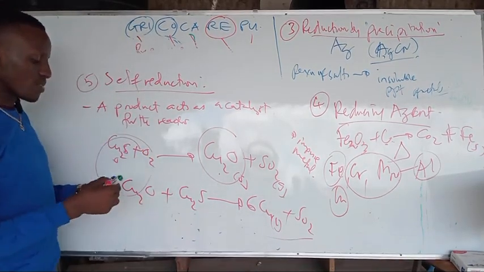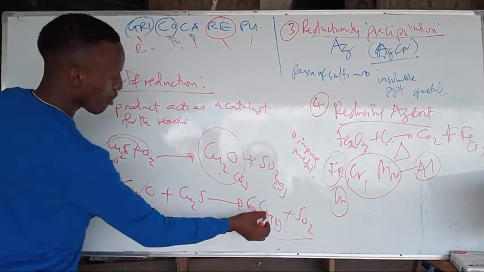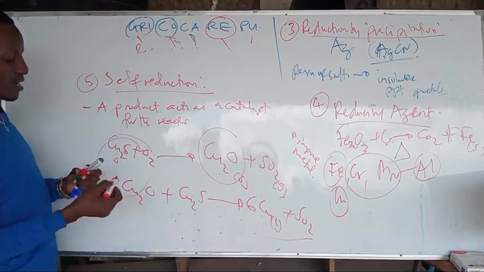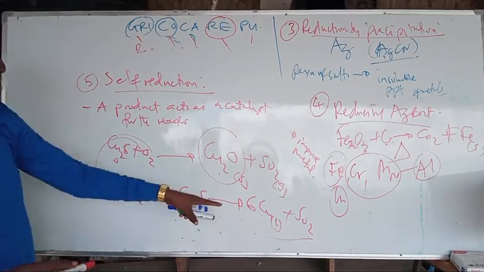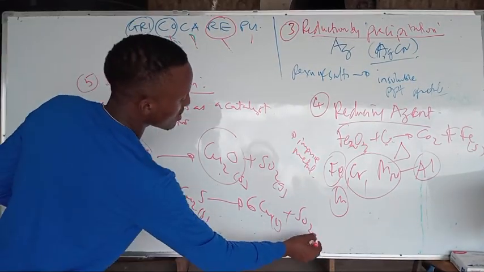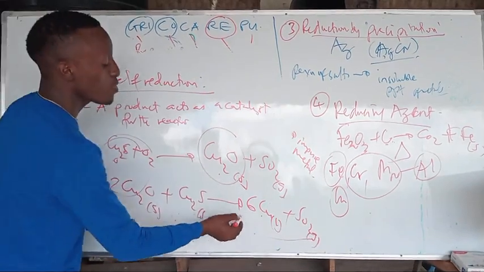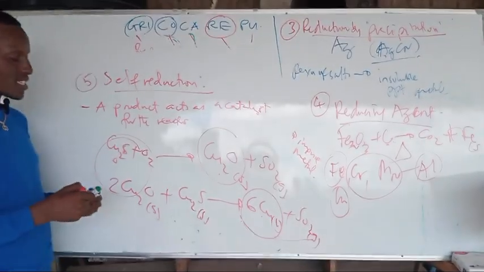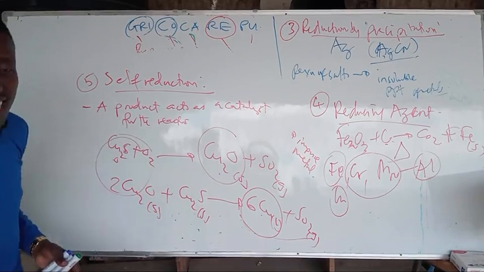We can balance this for copper and sulfur, so I balance here by 2: 2, 2, 2, 6. The solid is copper, and the gas, sulfur dioxide, is emitted. So we have the impure copper, which we call blister copper. This is what happens in self-reduction.